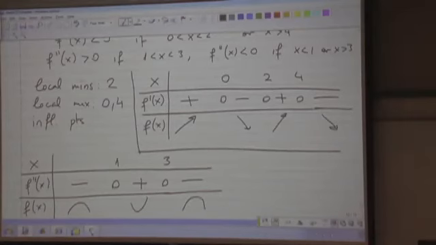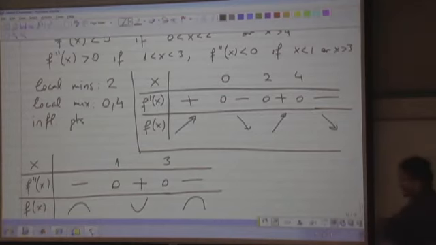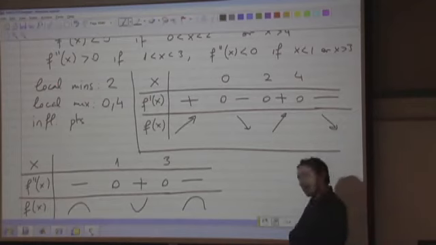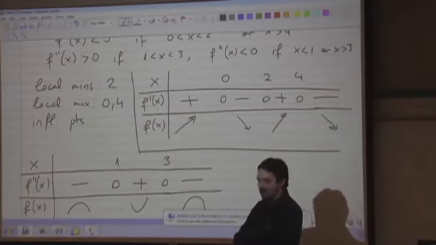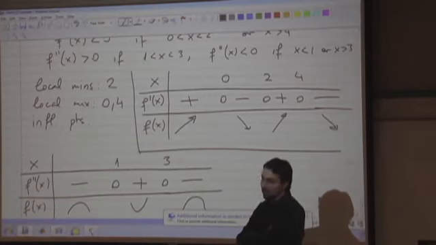Right? Yes? How do we know when the second derivative is 0 at 1 and 3? So what you're saying is that f double prime of 1 is equal to 0, not f double prime of 0 is equal to 1.